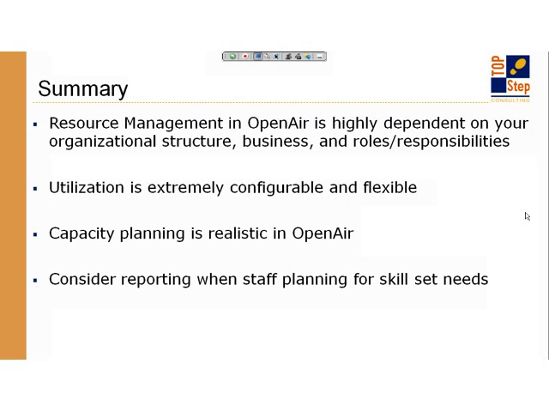And finally, because some of your staff planning and your capacity planning are interrelated to skills, you may want to identify skills that you want to be able to report on, group people by skill set, and understand the utilization or capacity by those skill sets, which means maybe changing the way that you've structured your organization a bit. Okay?